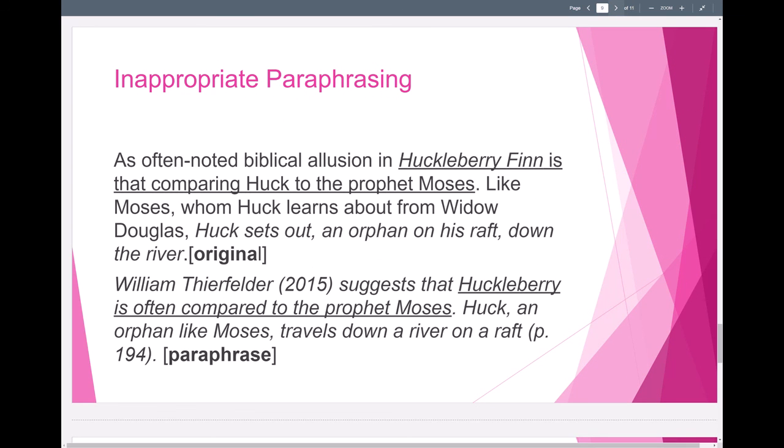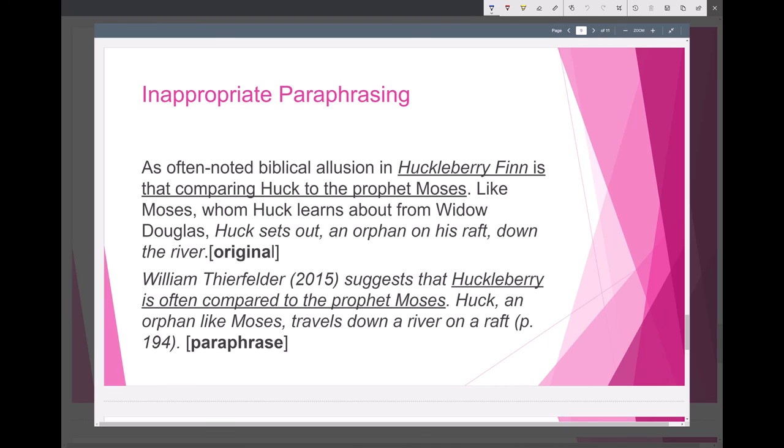Let's go look at some paraphrases that are not so good. So what this means is that the words are too close or too similar.